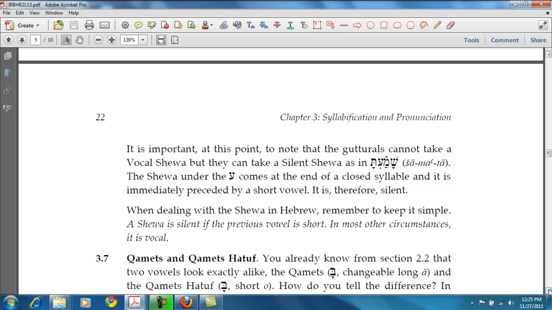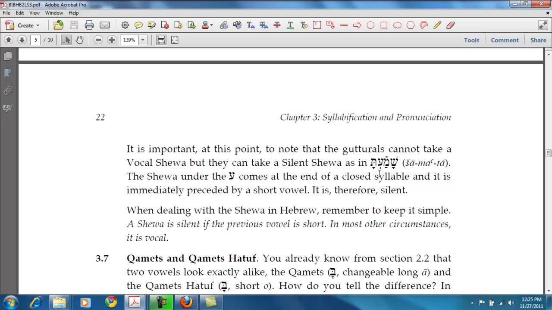Anyhow, it is important to note that the gutturals cannot take a vocal shavah, but they can take a silent shavah. For example, shamata, that means you listened. The shavah under the ayin comes at the end of a closed syllable. It's following a short vowel, immediately preceded by a short vowel.